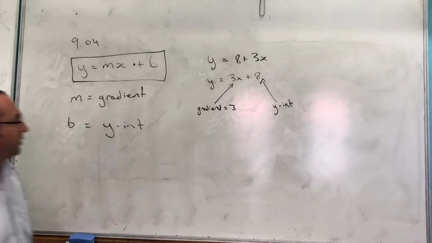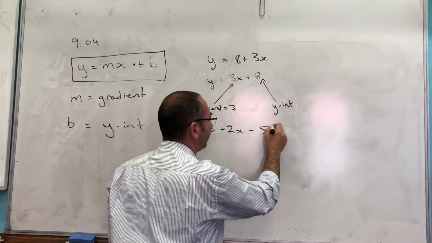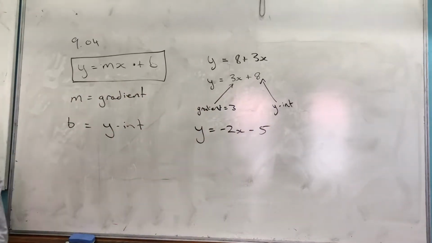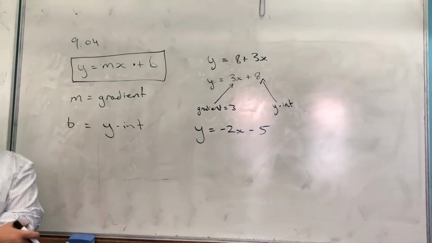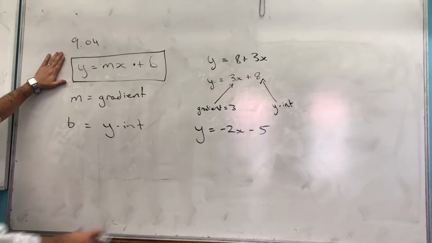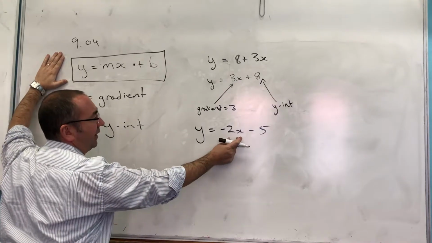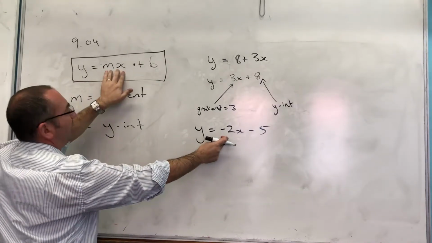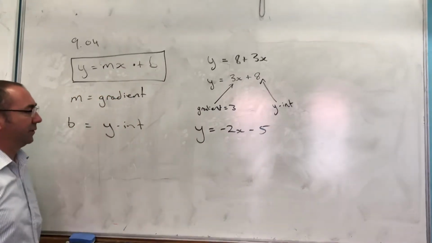y equals minus 2x minus 5. This is pretty easy because, even though it's got lots of negatives there, it's already in that form. You can see that the y is on the left-hand side, the x value and its coefficient is in the right spot, and the b value is there too.